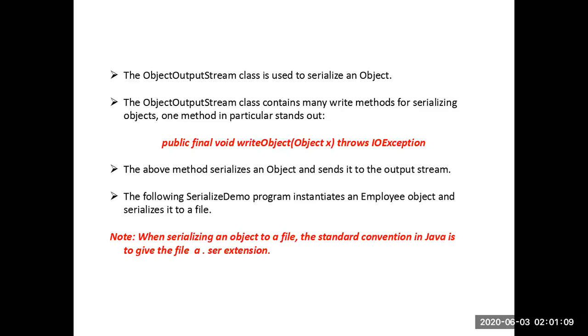We take help of the writeObject method, which belongs to the ObjectOutputStream class, to do the serialization of the object. Clear? With this knowledge, we will first write a program for serialization of the object, then we will go for deserialization.